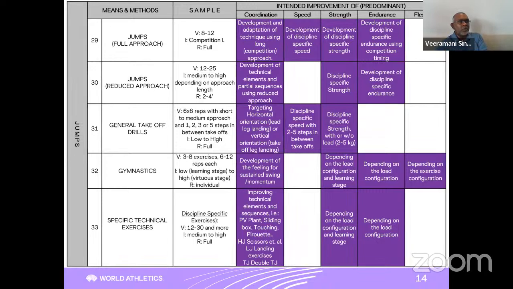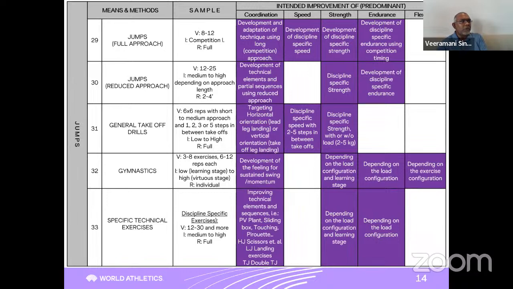Jumps with reduced approach, medium to high. Again, it is to utilize or combine elements of takeoff, adding speed to the approach, and then to maximize the what I call specific strength part of it.